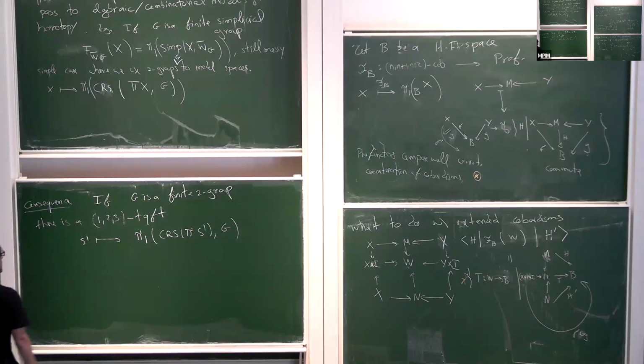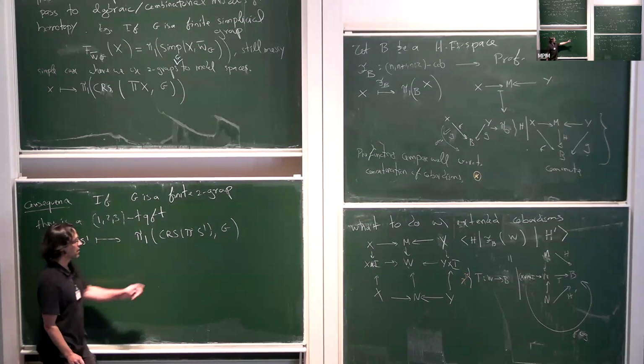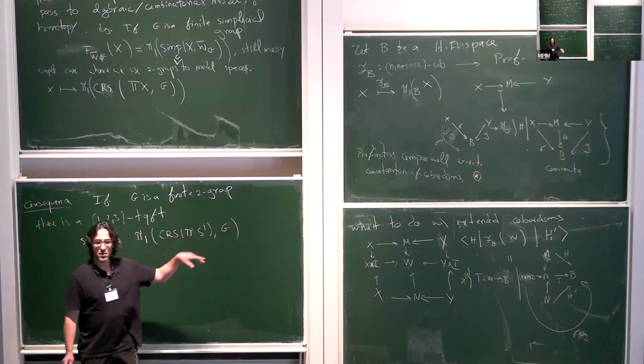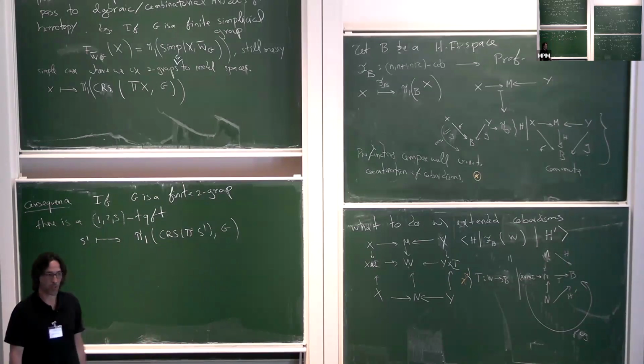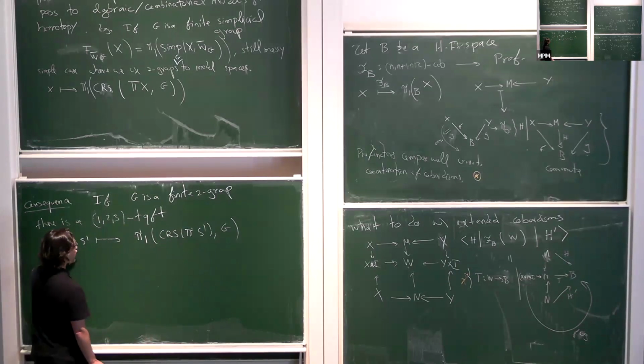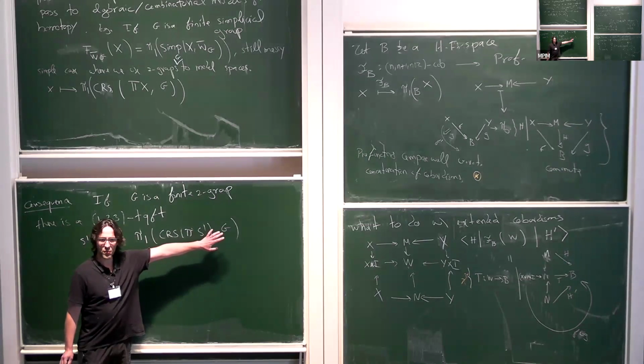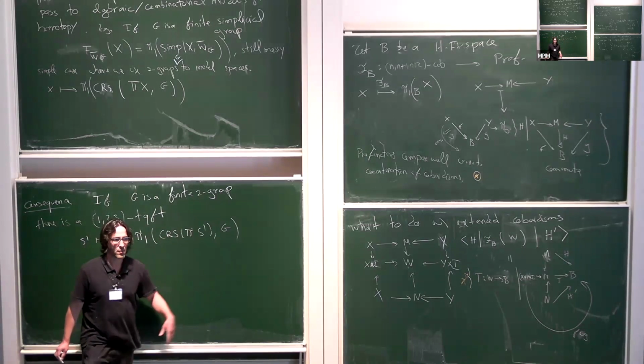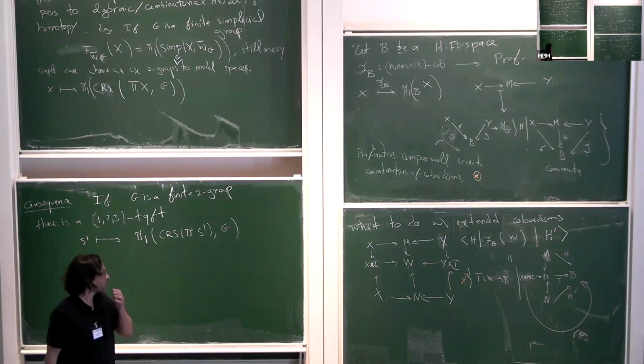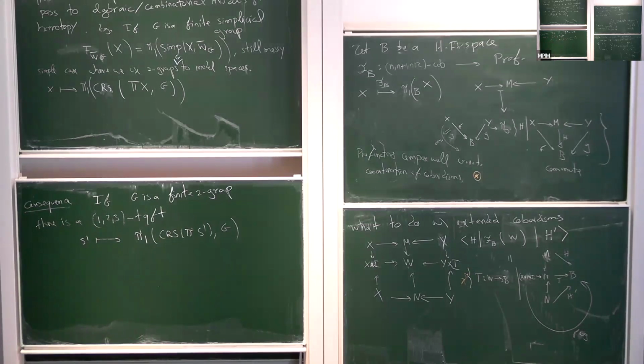So, for example, if G is an honest group, this is just the extended TQFT which sends S1 to the quantum double of the group algebra of G. You need to do this by conjugation. Lots of results came out of this.